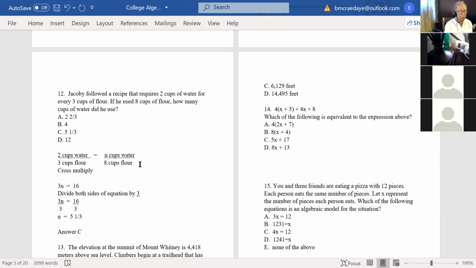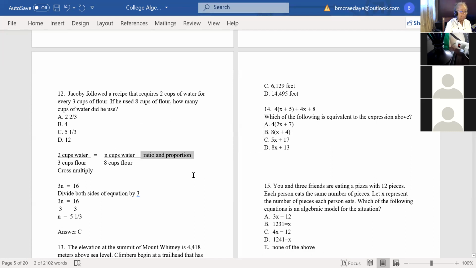Ratio and proportion. That's what this is right here. The important thing about ratio and proportion is making sure you set it up right.